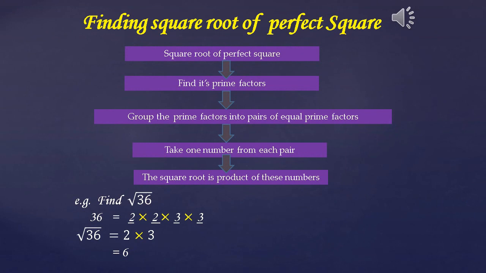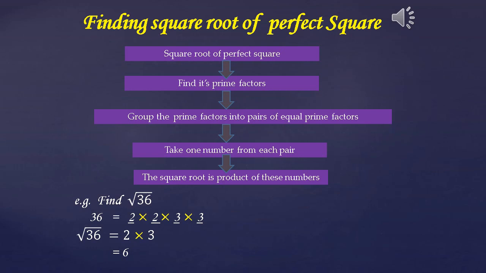To find the square root of a perfect square, first we find its prime factors. Then group the prime factors into pairs of equal prime factors. Then we take one number from each pair, and the square root is the product of these numbers. Let us consider one example here.